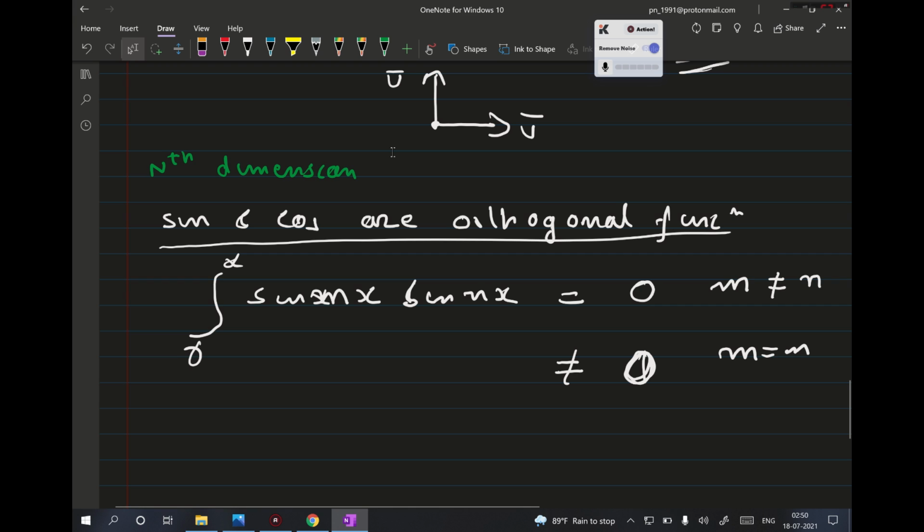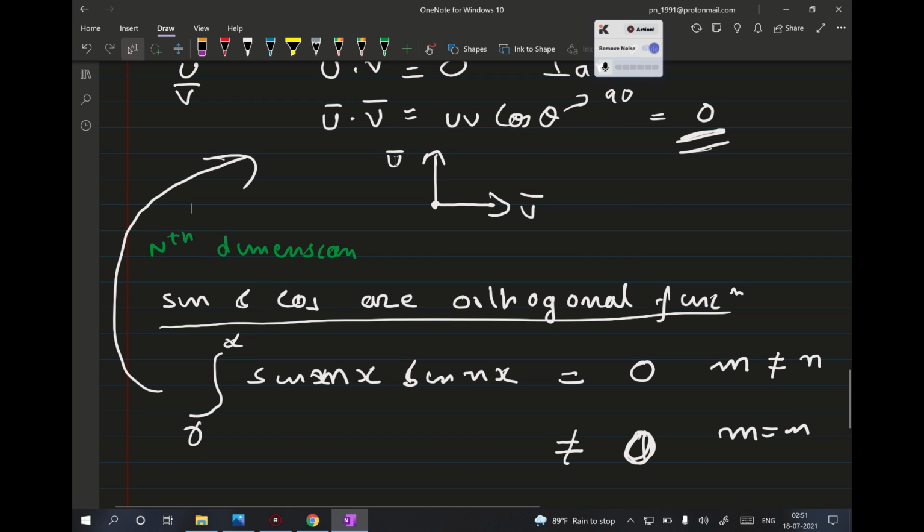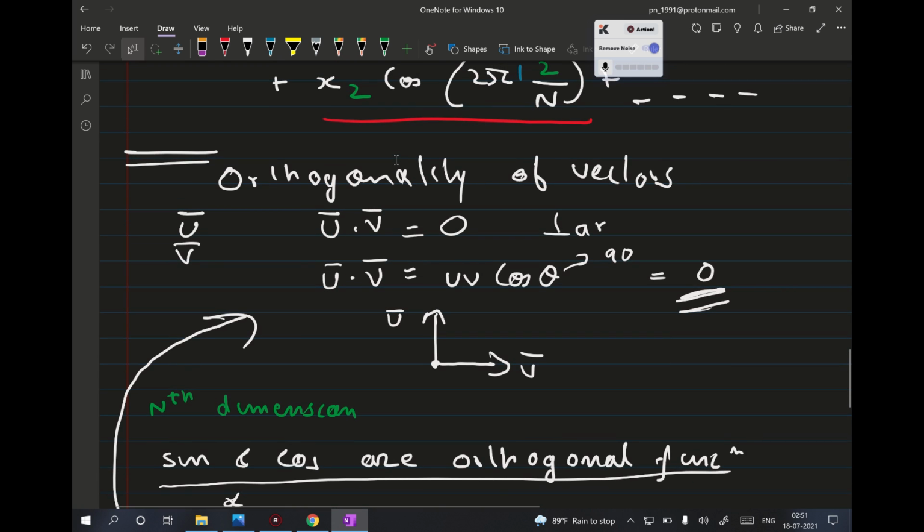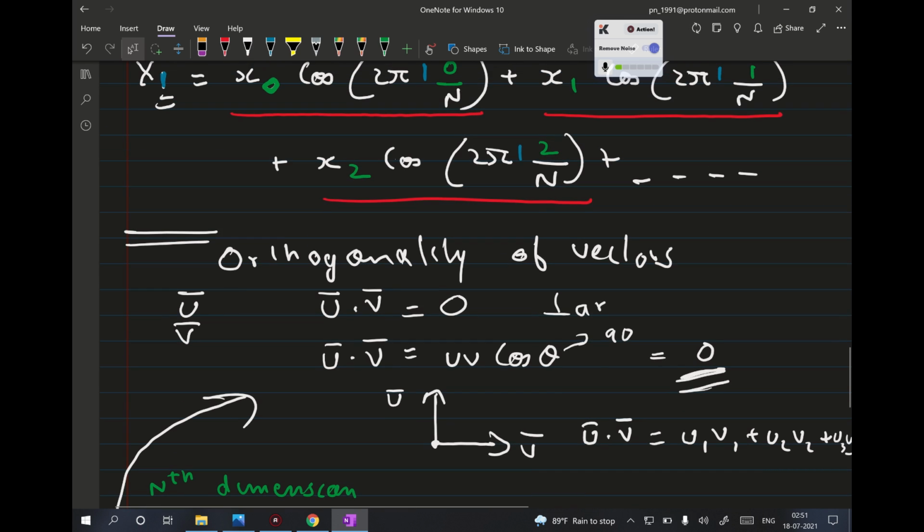This you can try to relate to the dot product I discussed over here, because a dot product of vectors is usually written as u1 v1 plus u2 v2 plus u3 v3. If you compare this one with this one, the first term is u1 v1, then u2 v2, u3 v3.